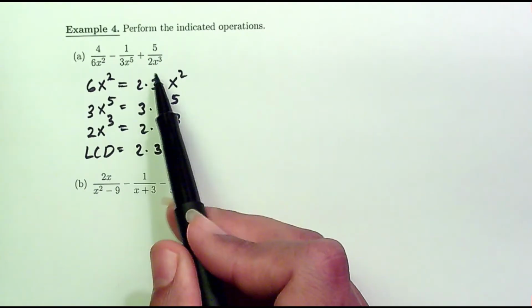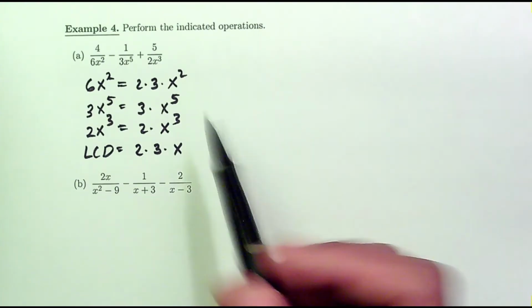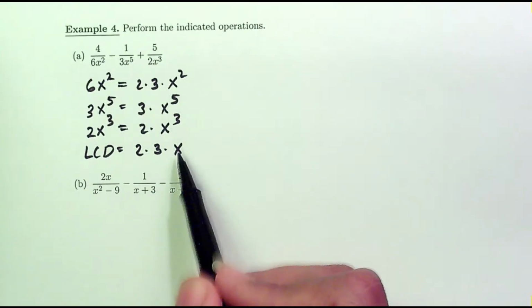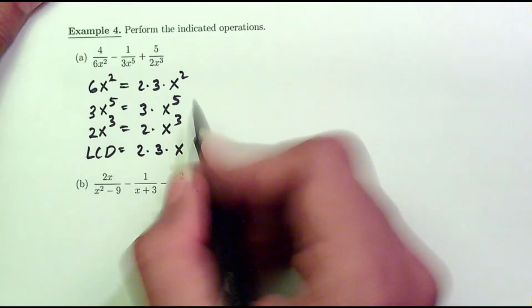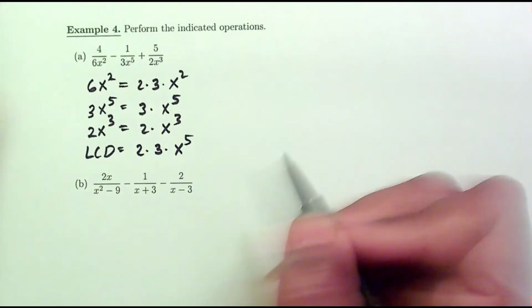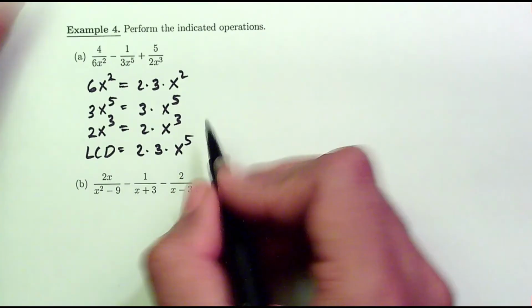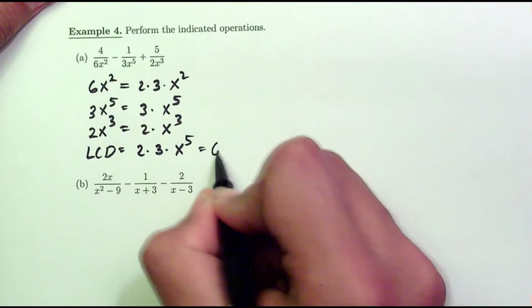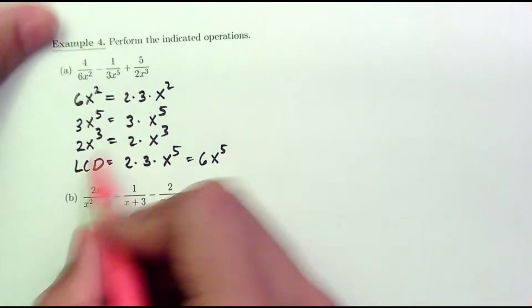For a 3, same thing, I don't see any higher exponents except the invisible 1. But for the x, I see that 5 is a big exponent. So I'm going to put here a 5. And that is the LCD. Now, you simplify this. This will be 6x to the fifth. All right, and that is the LCD.